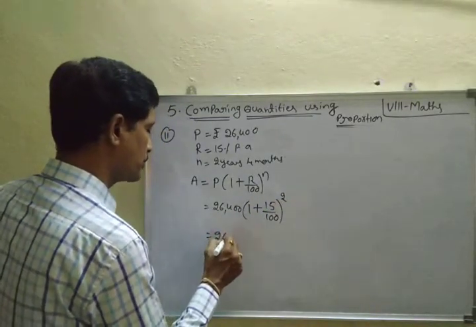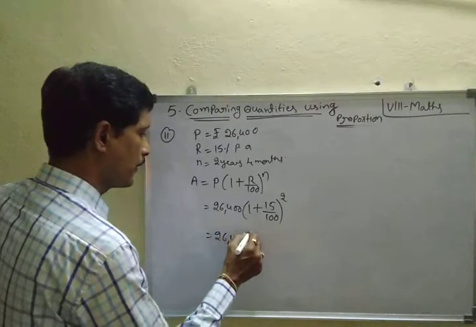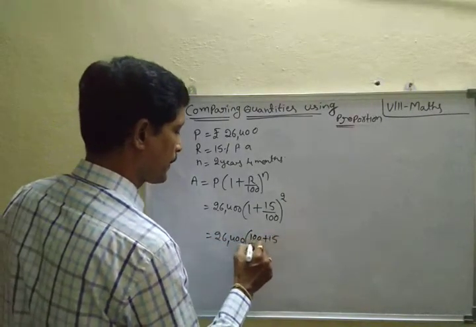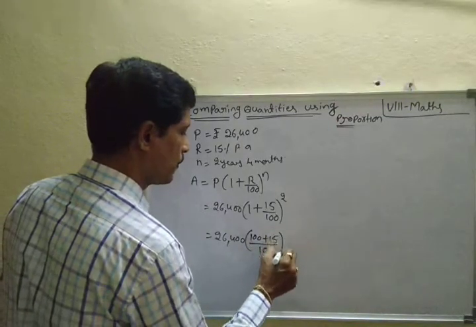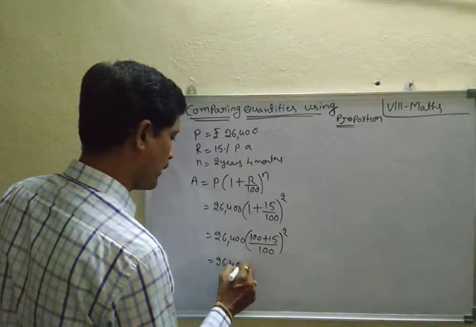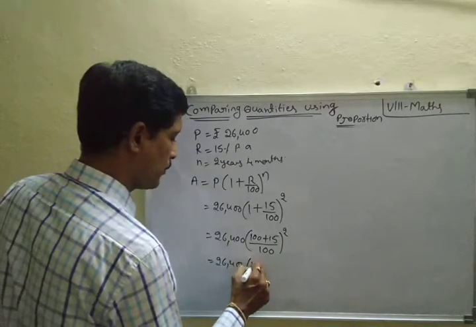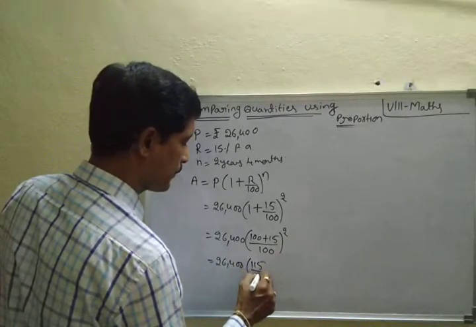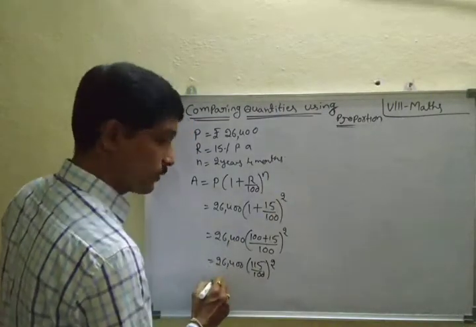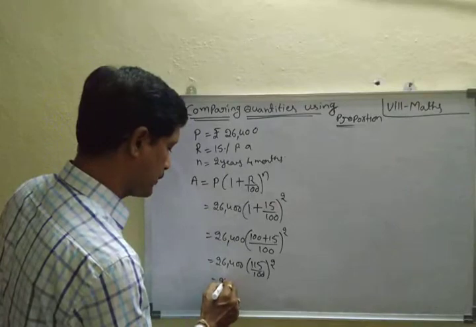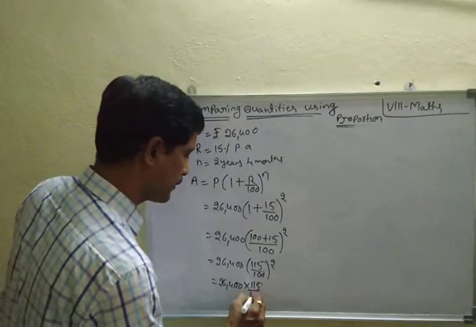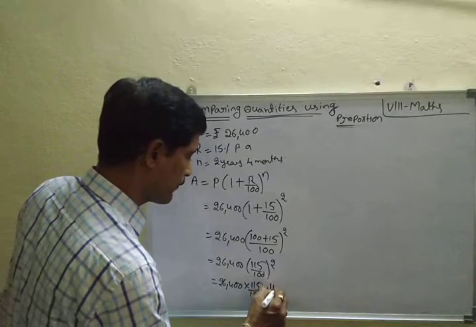Therefore 26,400, here 100 plus 15 by 100 whole square, that equal to 26,400, here 115 by 100 whole square, that equal to 26,400 into 115 by 100 into 115 by 100.